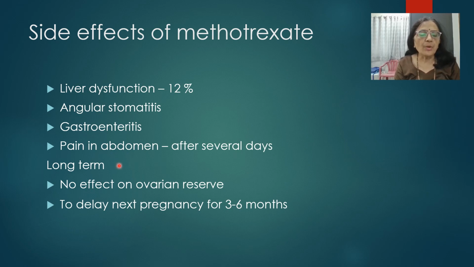Are there any long-term complications of this therapy? Fortunately, there is no effect on ovarian reserve. But what care needs to be taken is that the next pregnancy needs to be delayed by 3 to 6 months to avoid the risk from the methotrexate.